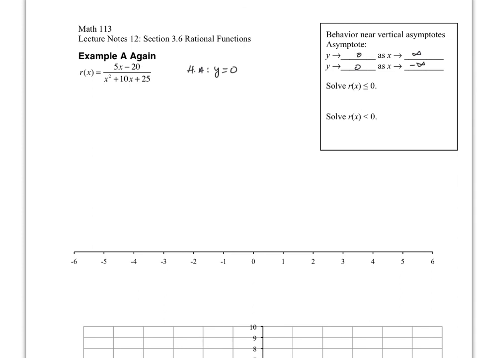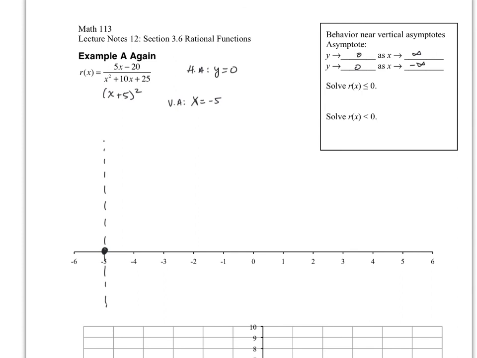Then you need to find where this is negative and equals to 0, and what is negative. So we need to factor the bottom, so this is x plus 5 squared. So that means you have a vertical asymptote here. So x equals -5, this will be the vertical asymptote.